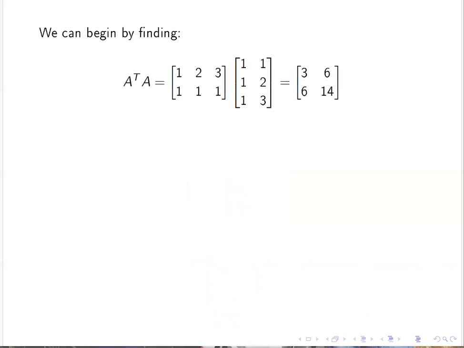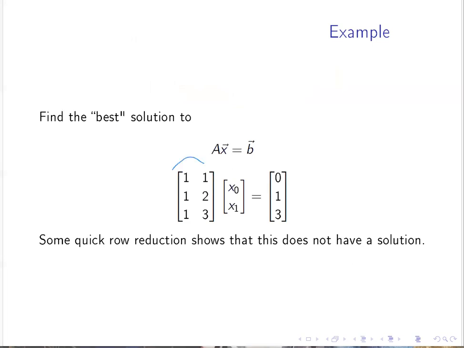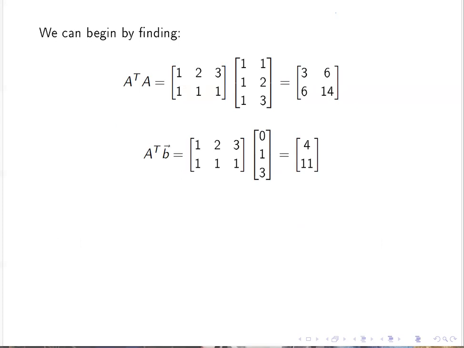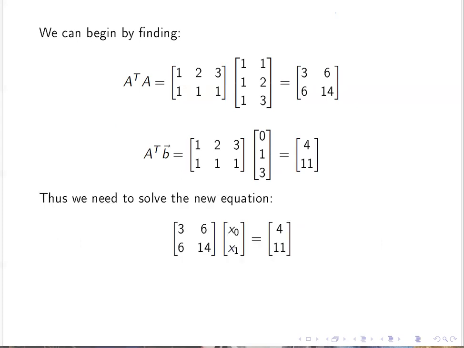So again, this is A, this is B. If I multiply both of them by A transpose, I get this nice, wonderful new 2x2 matrix. Multiply B by A transpose, and I'm going to get this. So I now just have to solve this equation, where this is A transpose A and this is A transpose B, and I have to solve for whatever my X vector is.